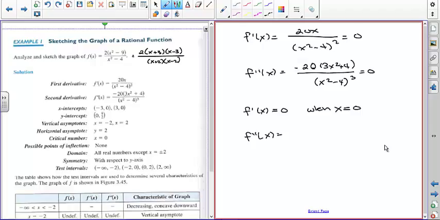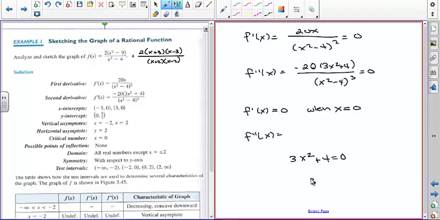Because if you think about it, if you set 3x squared plus 4 equal to 0, and you tried to solve for x, so let's just do that. All we're going to do is set the numerator equal to 0, and this part is just a factor, so that's not going to affect anything. So if I said, when is this true?